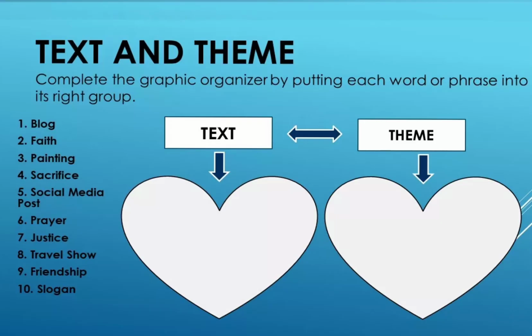Now let us have this next activity entitled Text and Theme. Complete the graphic organizer by putting each word or phrase into its right group. Under the text group, we have blog, painting, social media post, prayer, travel show, and slogan.